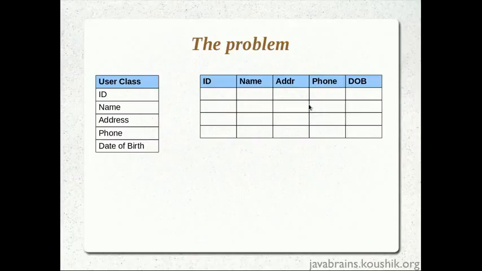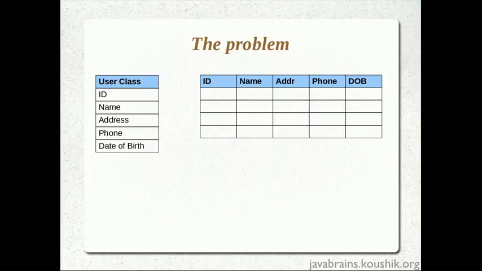So this is something that we have been doing over the years, and what we normally do when it comes to a Java application is we would normally use a JDBC connection, and we would connect to the database, and then we would take this user object. Let's say I want to persist user object 1.